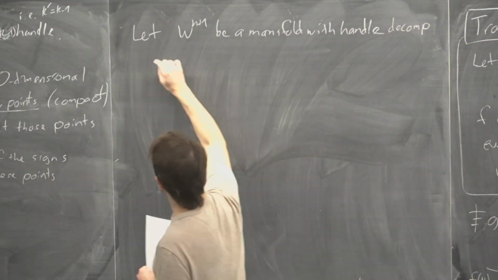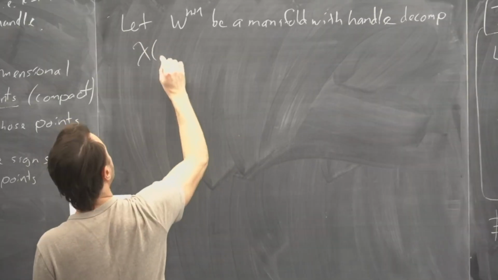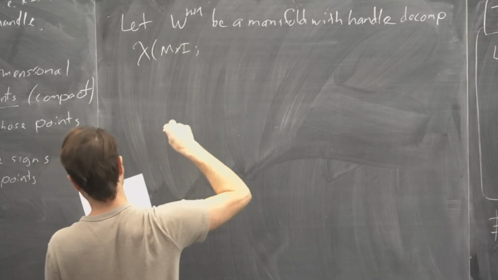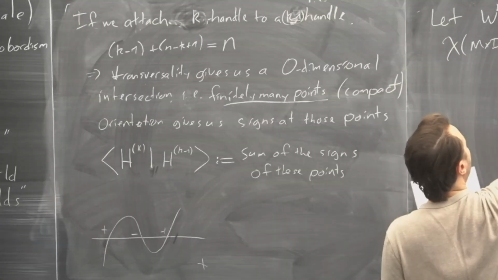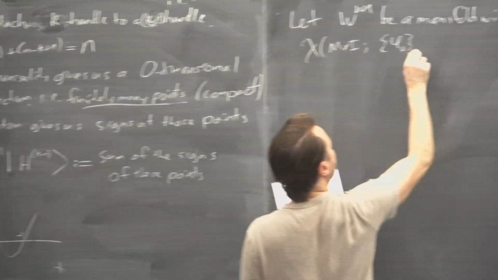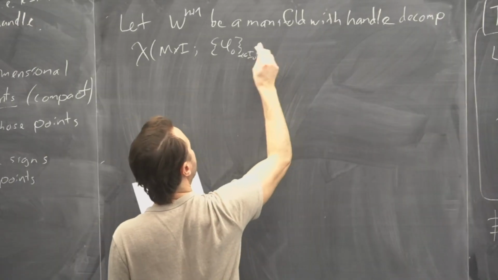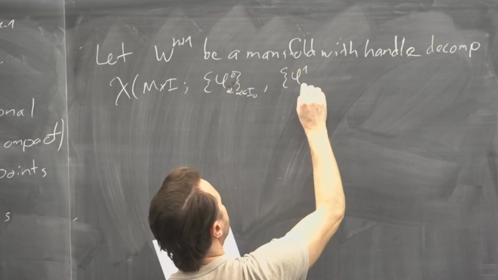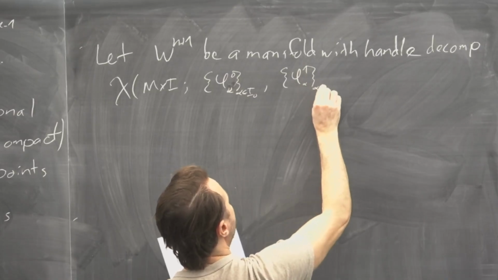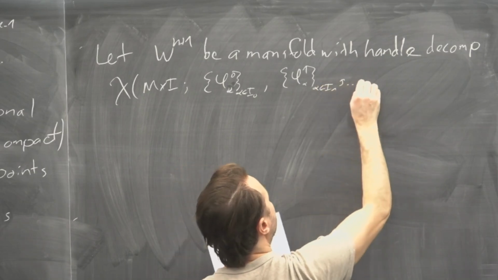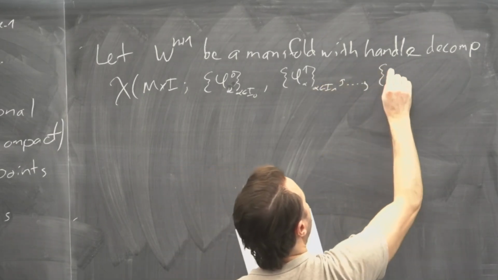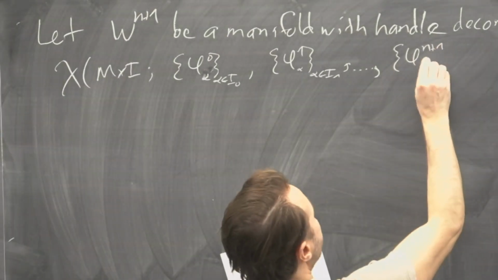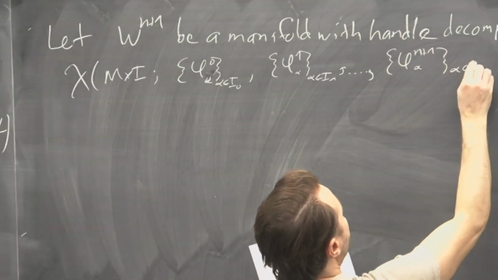And I'm going to do it like this: M cross I, M being one of the boundary components of W. And then I'm going to have a whole bunch of zero handles for some index set, and a whole bunch of one handles for some other index set, all the way up to a bunch of n plus 1 handles for another index set.